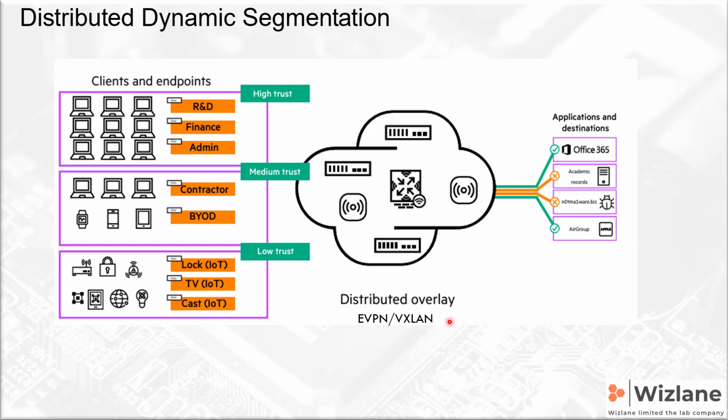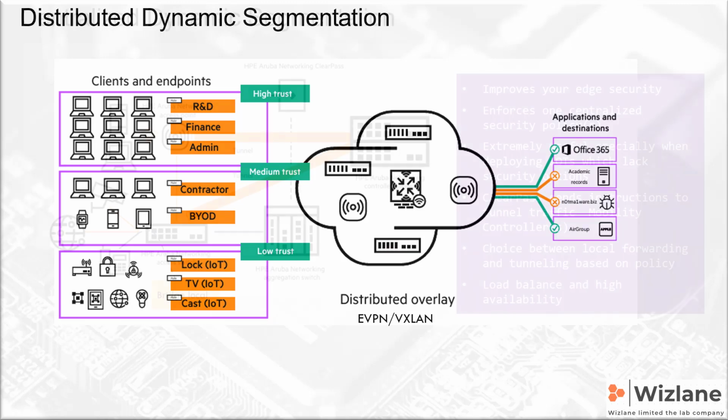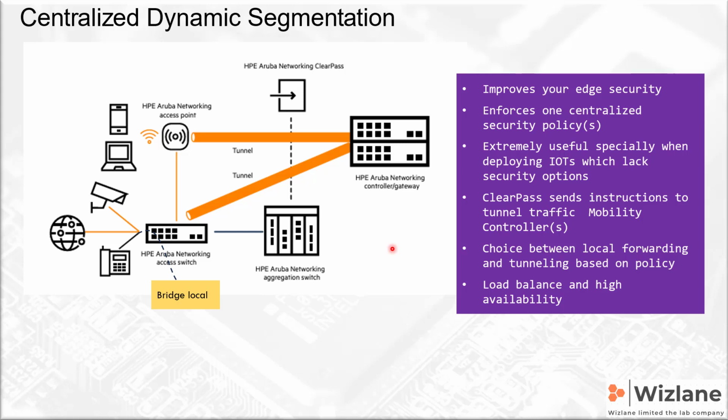Outside the scope of this training, you simply have edge switches and you establish tunnels between them, and we call this dynamic segmentation or distributed tunneling or distributed dynamic segmentation. That's not the focus of this video, but I want to mention this for you to be able to understand and distinguish between distributed dynamic segmentation and centralized, which is the focal point of this video.